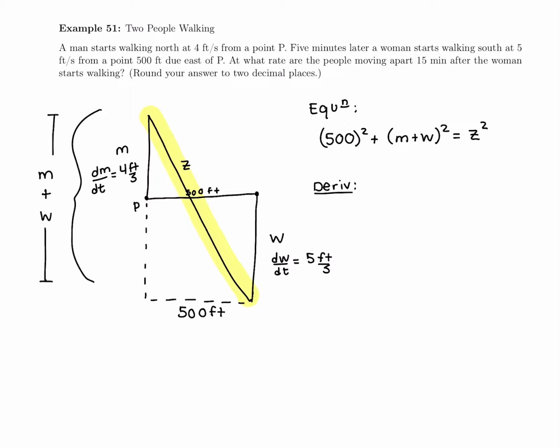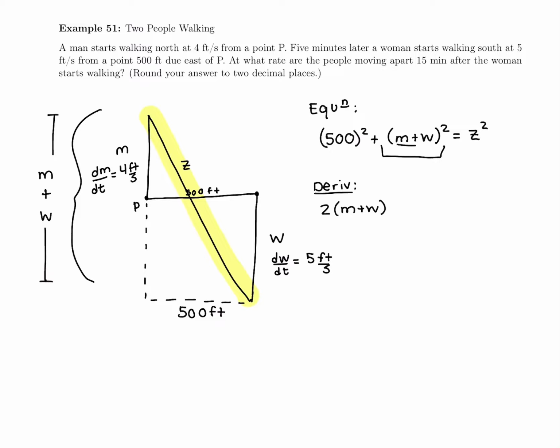So taking this derivative, the derivative of 500 squared is nice. It's 0 because it's a constant. Here we're going to use the chain rule. Our outer function, we have a u squared. So our derivative is going to be 2u. So 2 times (m plus w).